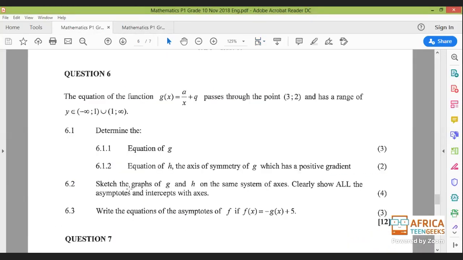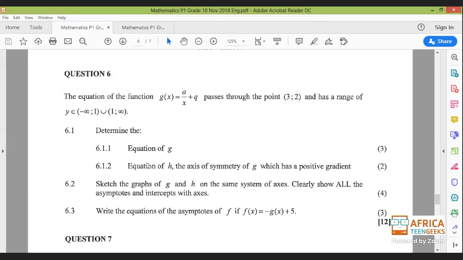Now, 6.2 says, sketch the graphs of g and h on the same system of axes, meaning on the same Cartesian plane. Clearly show all the asymptotes and intercepts with the axes.